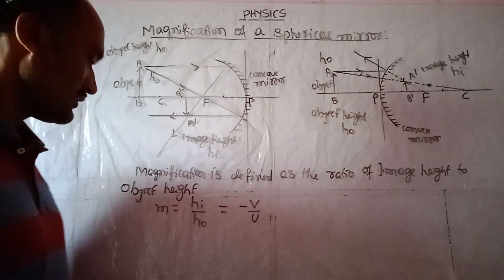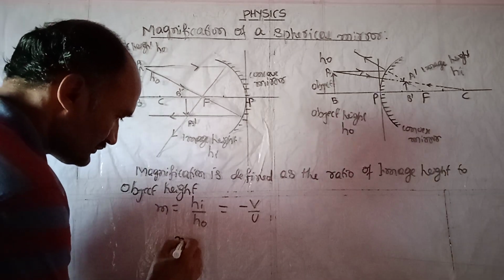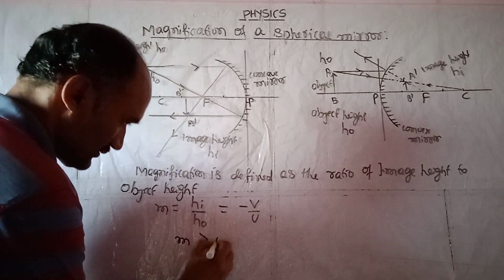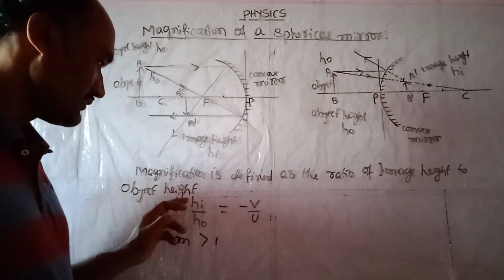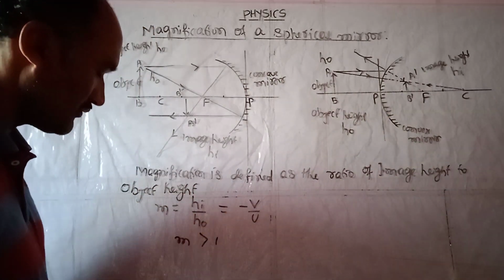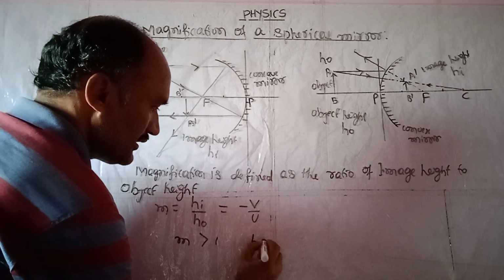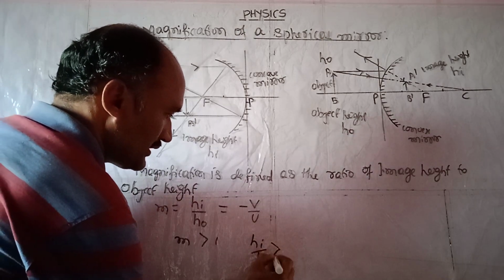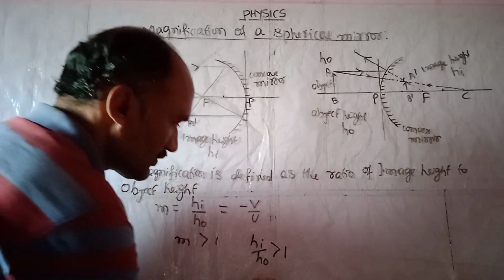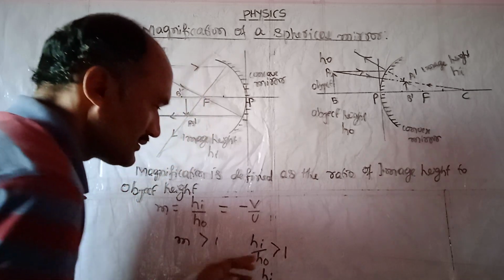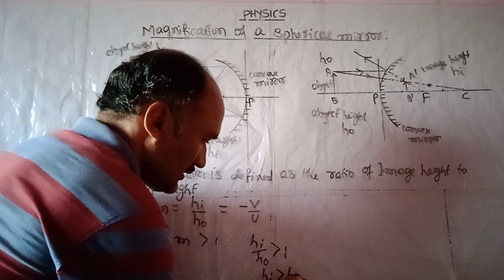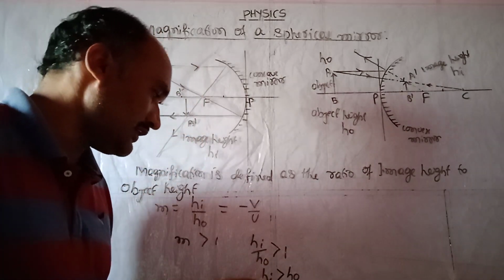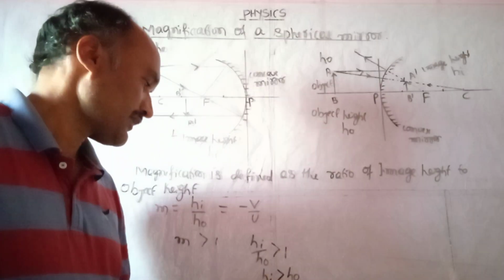Suppose magnification m is greater than 1. That means hi divided by ho is greater than 1, so hi is greater than ho.